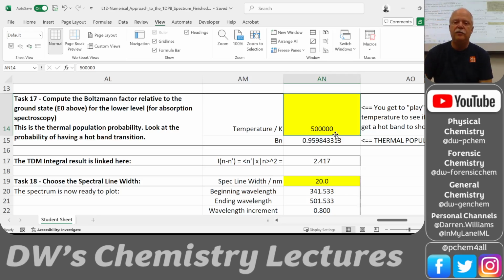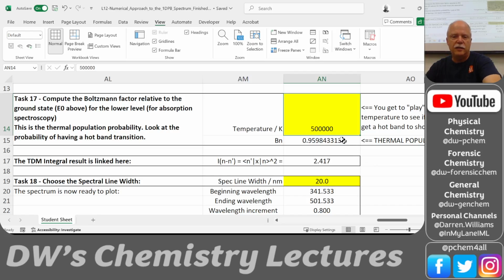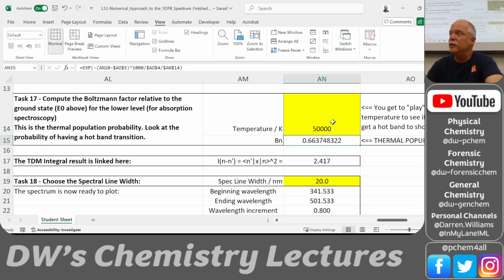So let's drop this from 500,000 to 50,000. What I want you to look at is the probability of being in that energy level. Right now we have a 96% probability of being in that energy level. If I make it 50,000 Kelvin, it drops to 66% chance.